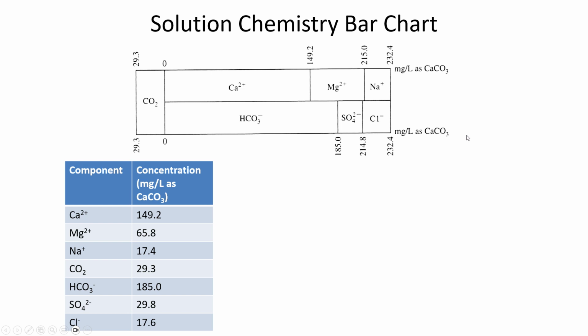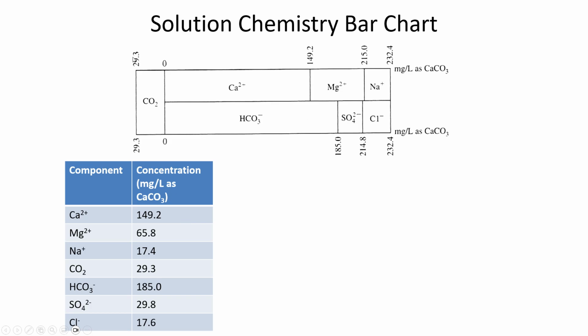You remember earlier we converted amounts of the species into amounts expressed in terms of as calcium carbonate. Hardness calculations and alkalinity calculations are primary areas where it's beneficial to express everything as calcium carbonate, because then it tells us how much of the chemicals we need to add regardless of what species is there.